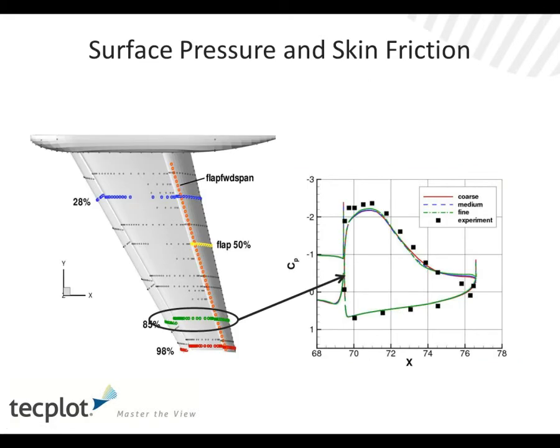The data they took, and the extractions they took from the CFD codes, are shown here, these little symbols on the wing section. You can see there was a series of chordwise pressure taps on the wing, and then they duplicated several of those spanwise stations, the chordwise distribution of pressure and skin friction, for extractions from the CFD codes.